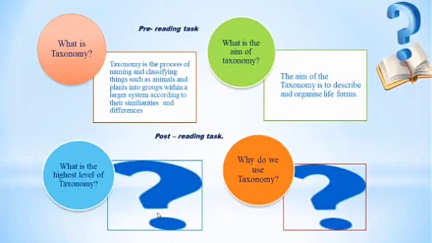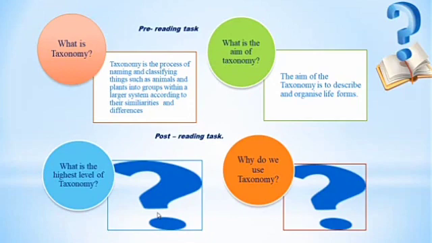There are two questions given for the pre-reading task. What is taxonomy? Taxonomy is the process of naming and classifying things such as animals and plants into groups within a larger system according to their similarities and differences.